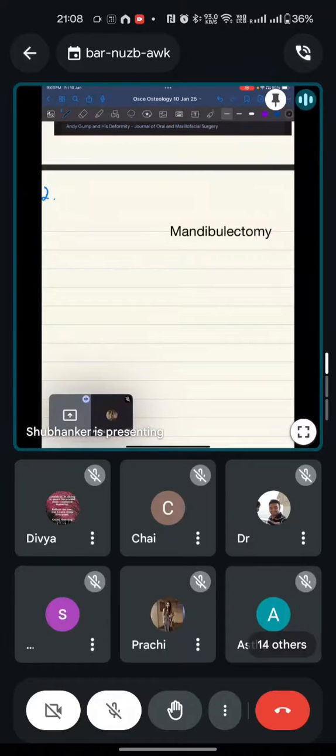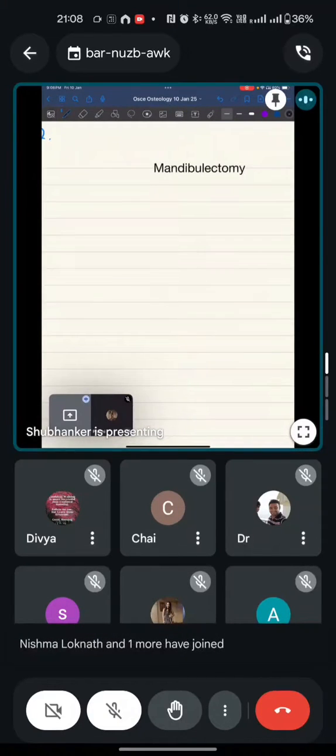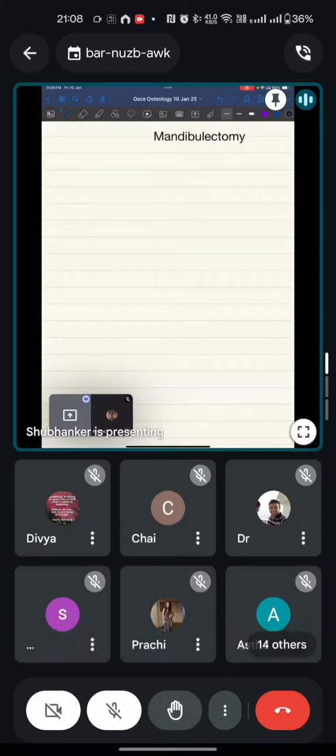Now I'd like to take you through the divisions of mandibulectomy, because here two named questions will be there which are very important to you. You'll see them in another 5 minutes. The first one is segmental mandibulectomy, in which you remove a segment of the mandible. Basically, there is a resection of full thickness.